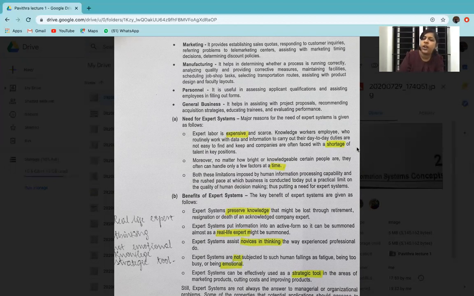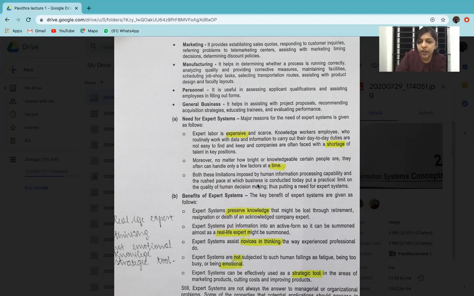Many times there's also a shortage of them, and the human brain is limited and can only process one thing at a time. They can deal with only a few factors at a time, but a computer can multitask. It can open so many windows, do this here, do that there. It can solve multiple queries at a time.